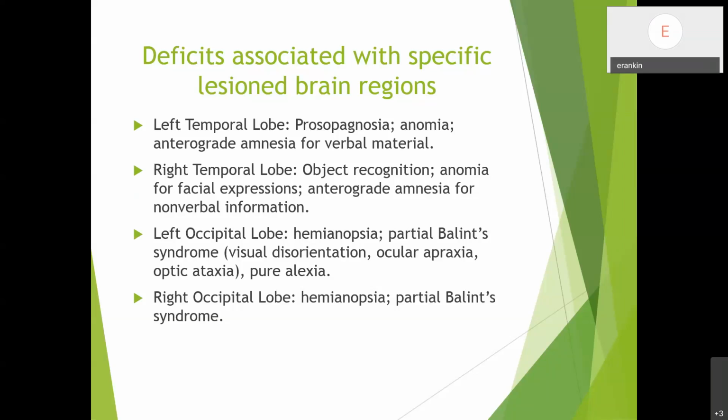The occipital lobes, we're going to look at in terms of how the visual system is put together a little bit farther down the road. It looks at something called hemianopsia, which is basically an inability to see visual information coming from the contralateral side. That basically means if you've got an injury in the right side of the brain, you're not seeing things on the left side of your hemispace, your world.